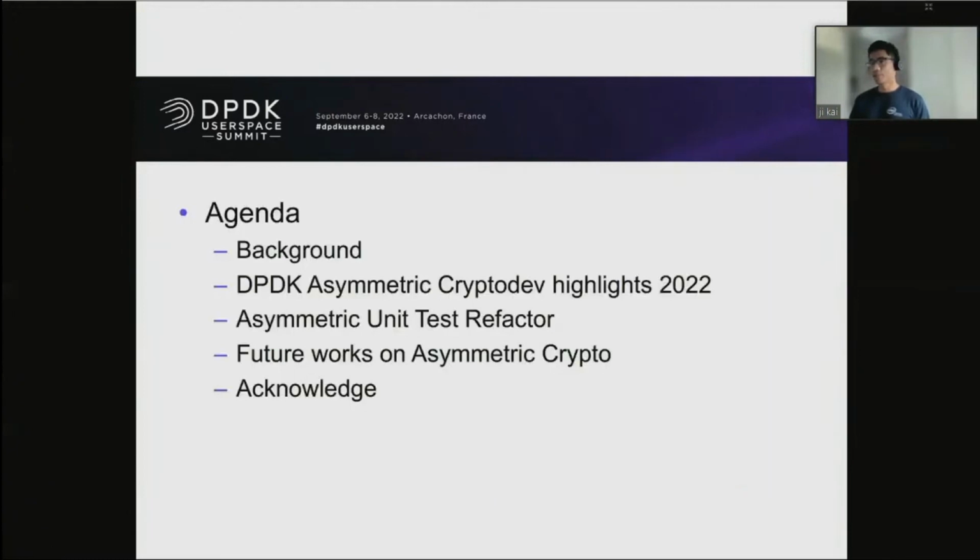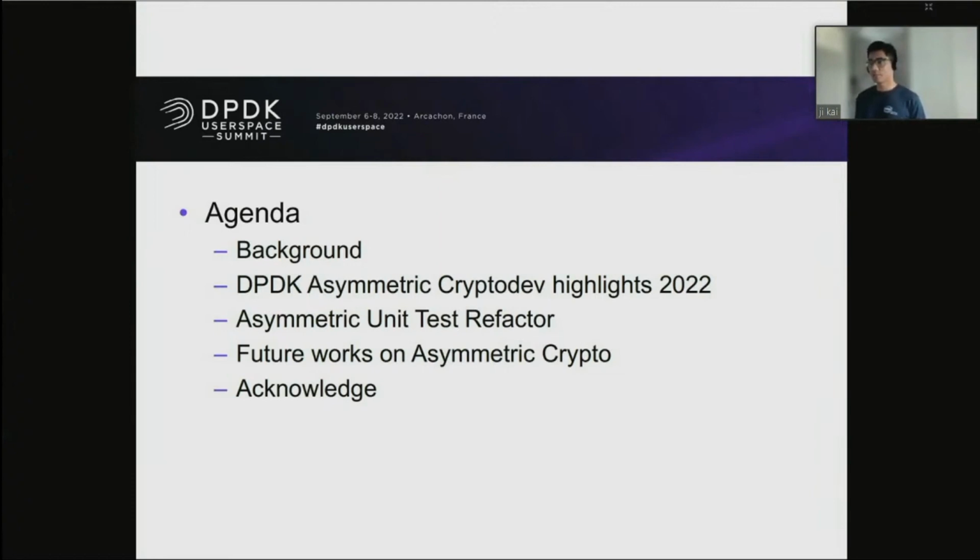For this meeting's agenda, we want to talk about the current status of the DPDK Asymmetric Cryptodev in 2022, some highlights we did in common asymmetric Cryptodev, API changes, data structure rework, etc. And then we would like to have a discussion about the current issues in asymmetric testing and some unit test refactoring we have been working on.